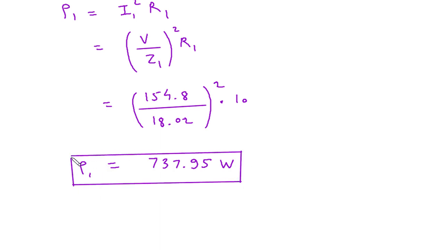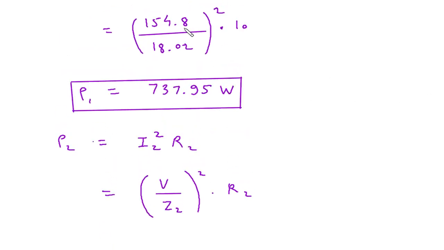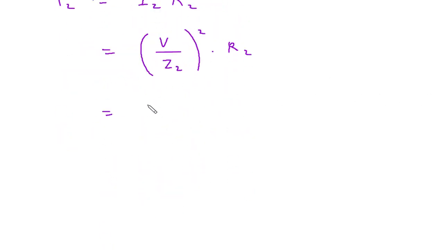Then next is P2. P2 will be also same. It will be I2 square into R2. Here in place of I2 it will be V divided by Z2, whole square into R2. V will be same, that is 154.8, divided by Z2.